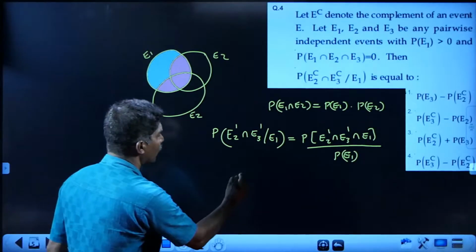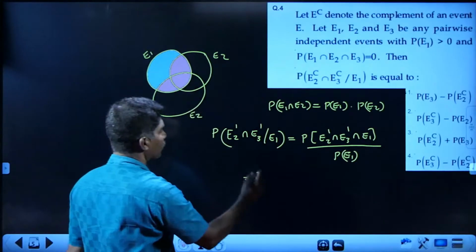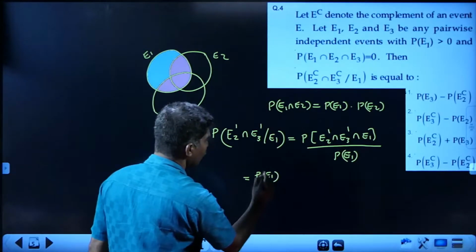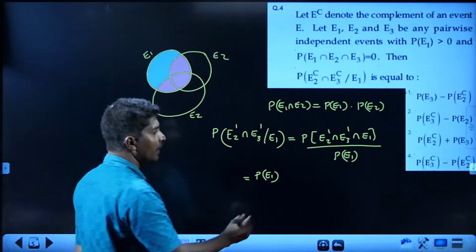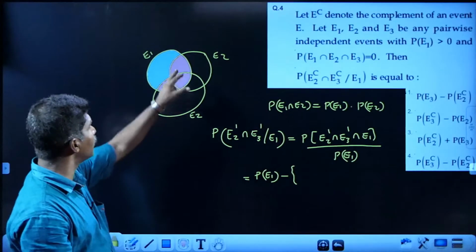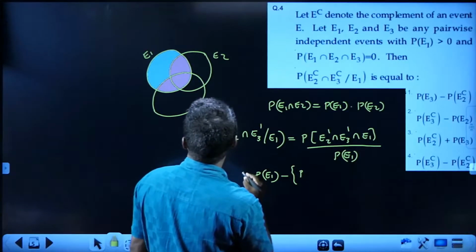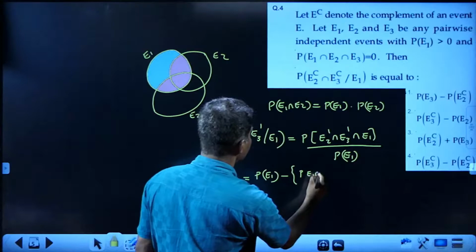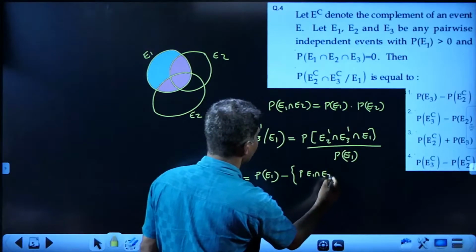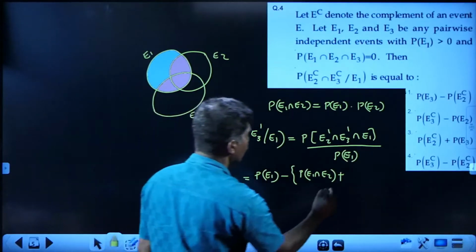So this is equal to what? This is equal to probability of E1, from E1 we are subtracting. What you will subtract? You are subtracting this region. Probability of E1 intersection E2, plus again this region. What is that?